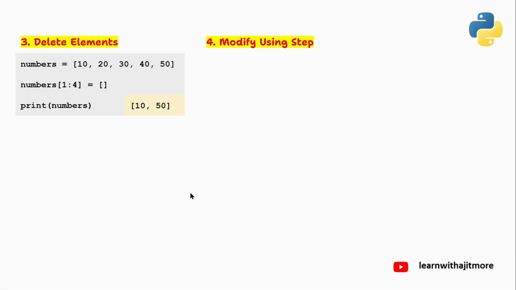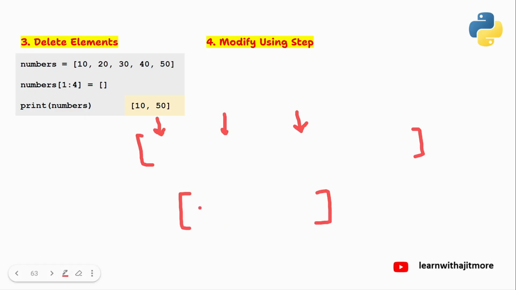Getting this? And you can replace elements at a fixed interval as well. अगर आपके पास एक list है, ठीक है, and you want to replace the elements at a fixed interval, step पे, ठीक है, fixed interval पे जो elements है, उसको किसी दूसरे iterable से replace करना.